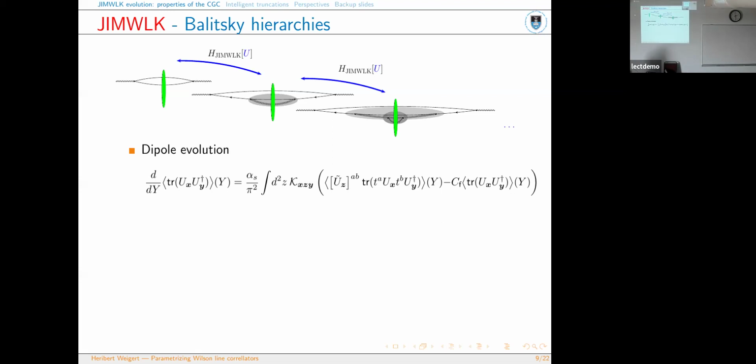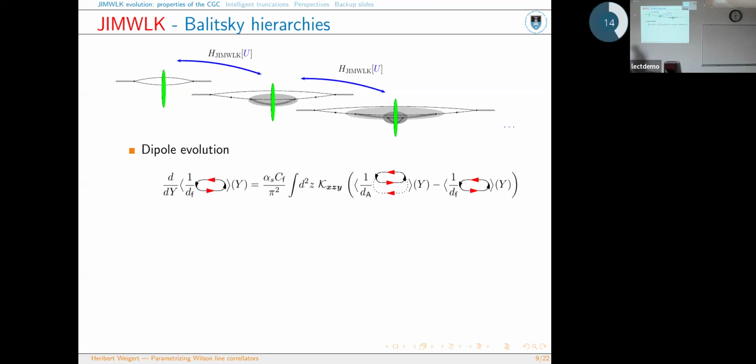Now, these expressions, if you look at them, you see there is no color index free. The fundamental indices are eaten up by the traces, and the adjoint indices A and B are eaten up on generators. They're contracted onto generators. So there are just color singlets everywhere in this step.